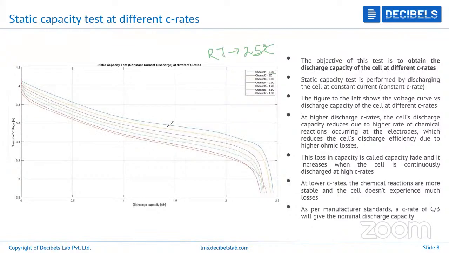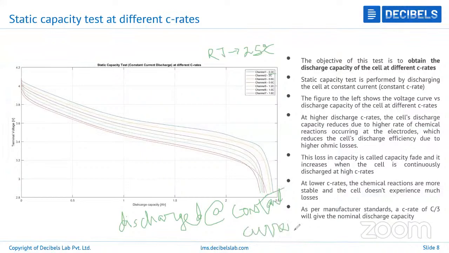Then that particular cell is discharged at constant current. What that means is the value of current will be held constant, and the cell will be discharged all the way from its maximum rated voltage to its minimum rated voltage.